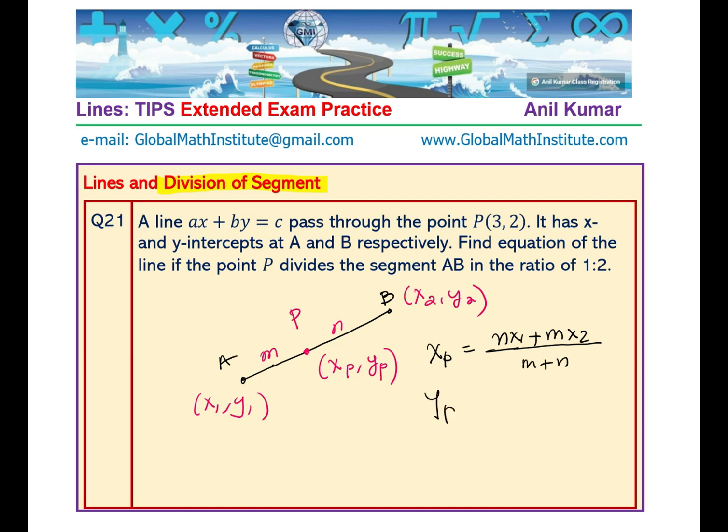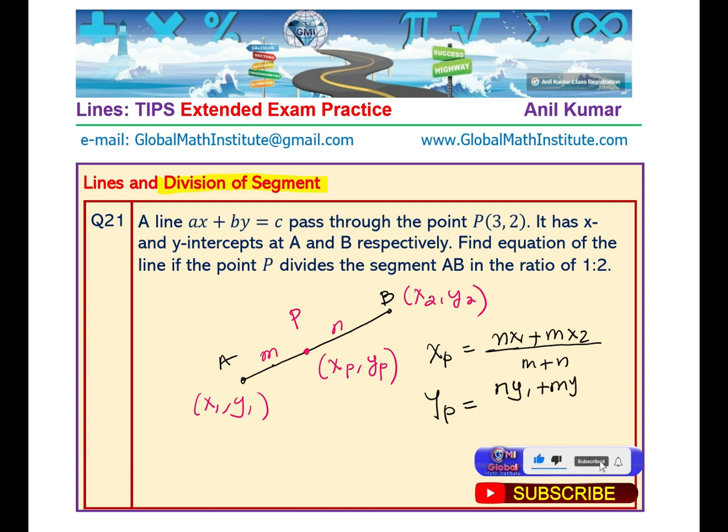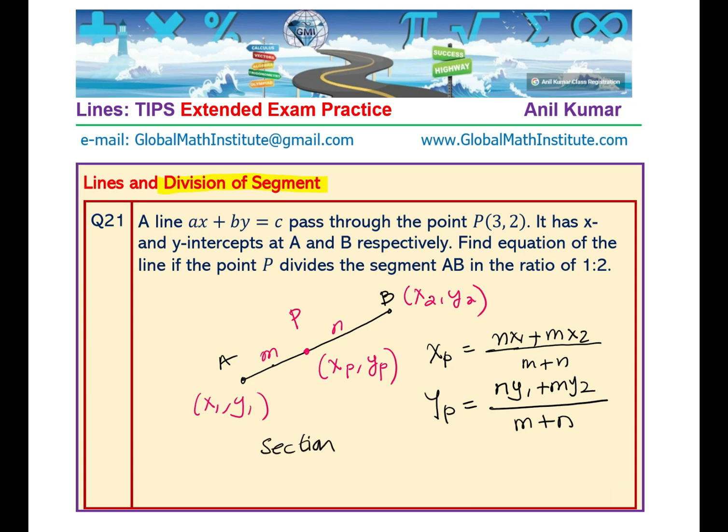And for the y values, yp is n times y1 plus m times y2, over m plus n. This is called the section formula, which is widely used to answer questions related to division of a line segment. We are going to use this formula in solving the given problem.